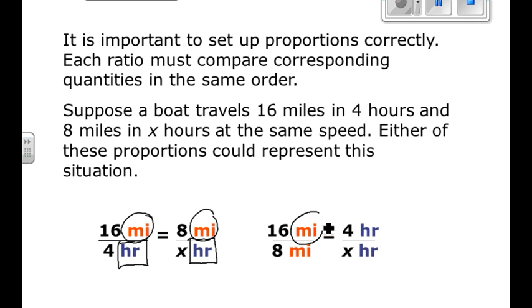In this one, they have miles on top in one and miles in the denominator of the other, and hours in the numerator of one and hours in the denominator of the other. Both of these proportions will solve the problem the same way, but you have to have them set up in one of these orders. We will probably use this one the most in class, but both ways will work.